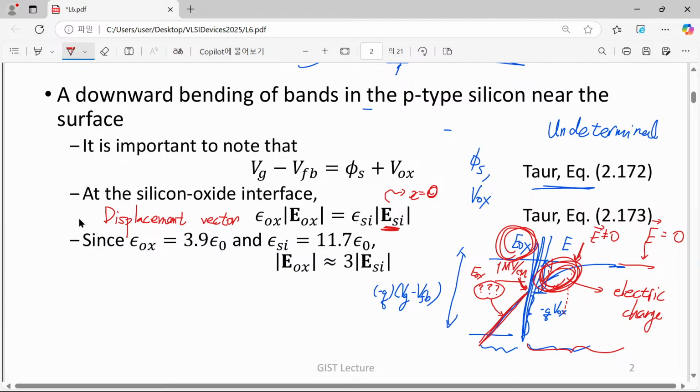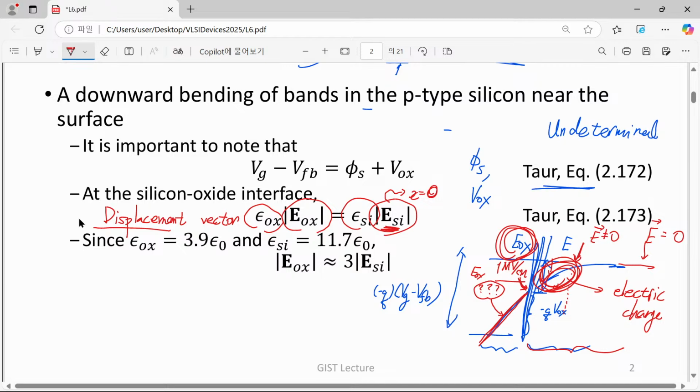Simply speaking, permittivity times electric field gives us displacement, and the displacement on both sides should be the same. Are you with me? So now you can understand this quantity.